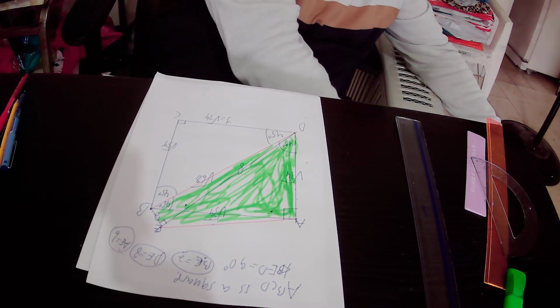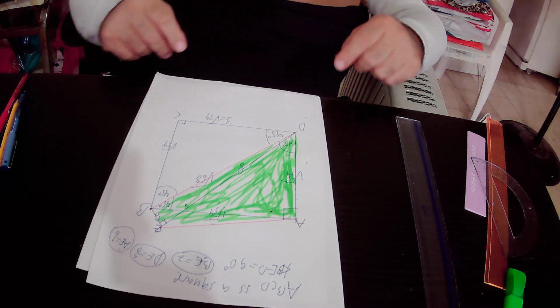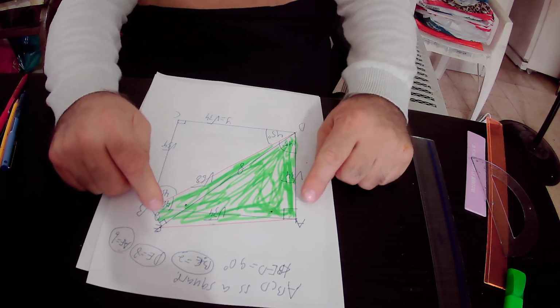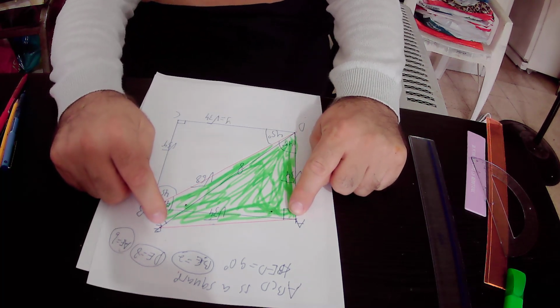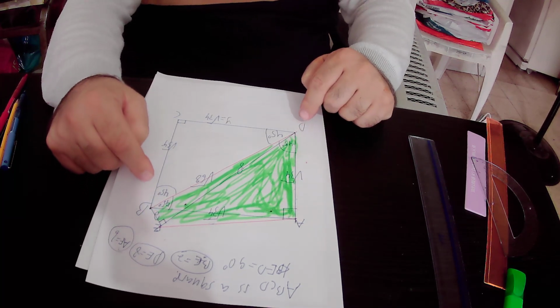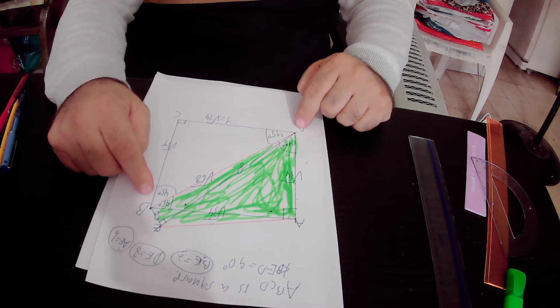Why can we implement rule number 2 in our drawing? Because in our drawing we have those two right angles. They both rest on the same line segment DB.